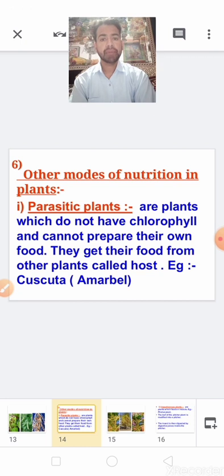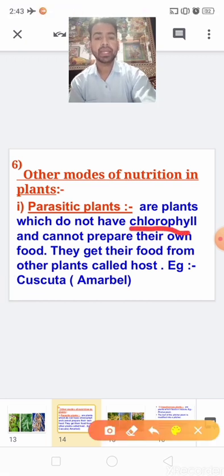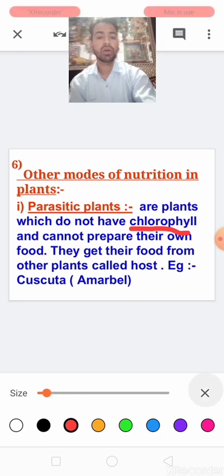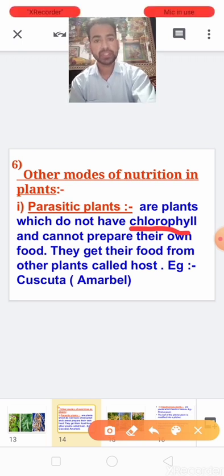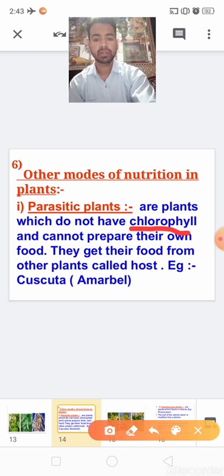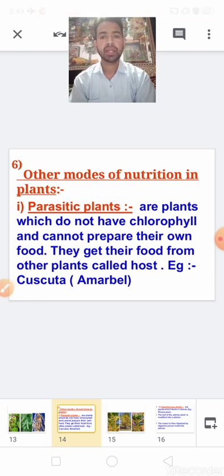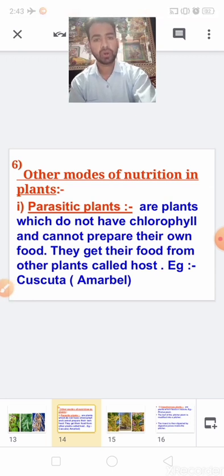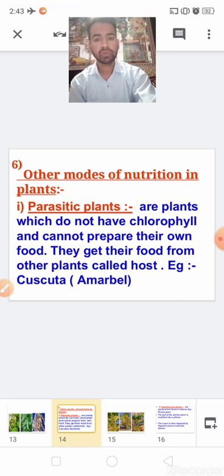Okay, so parasitic plant are those plant which do not have chlorophyll. They directly or indirectly depend on other for their food. Example of parasitic plant, that is cuscuta or amarbale. Okay, clear about that? I repeat once again, parasitic plant are those plant which do not have chlorophyll and cannot prepare their own food.